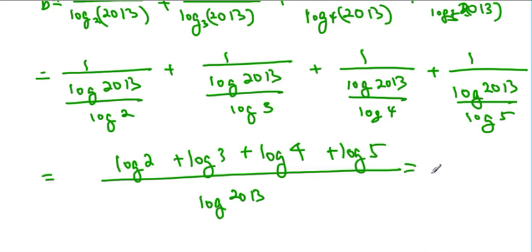Then we just have to multiply these values. Then this becomes 6. And then 6 times 5 is 30. 30 times 4 becomes 120. So we have log of 120 divided by log of 2013.